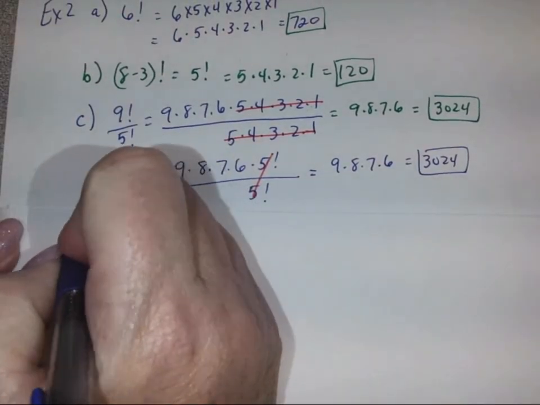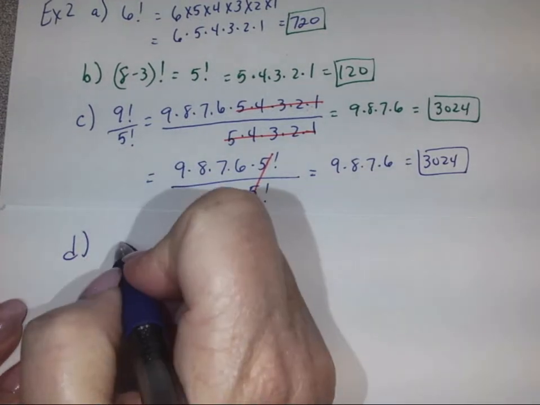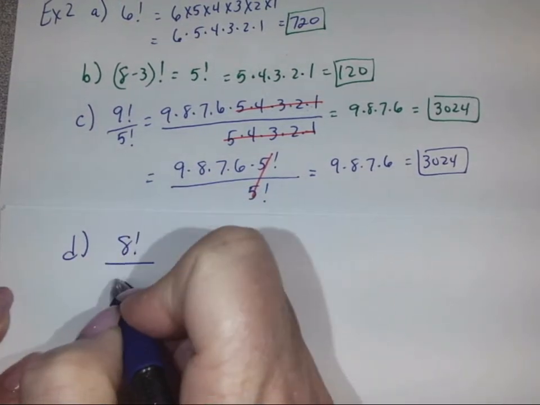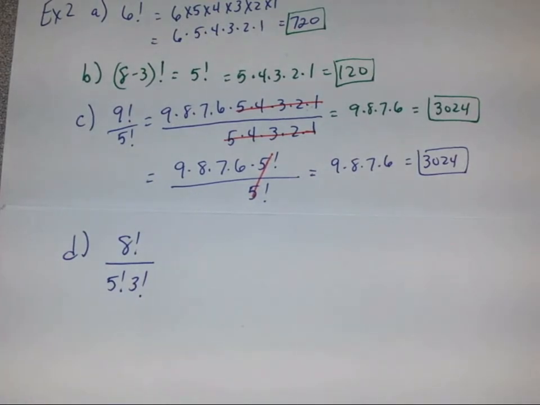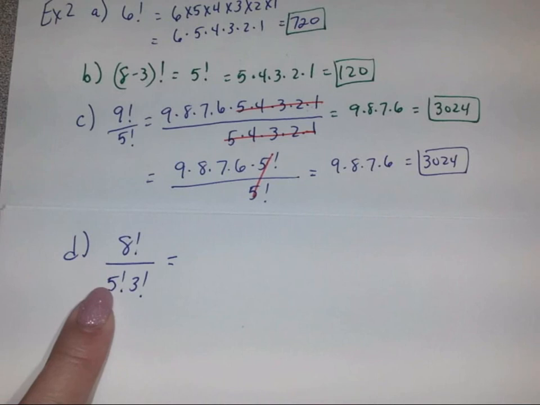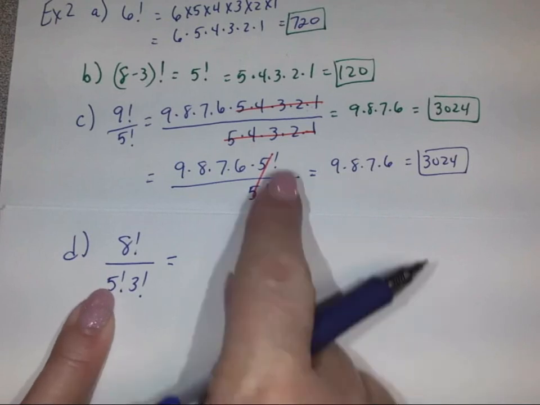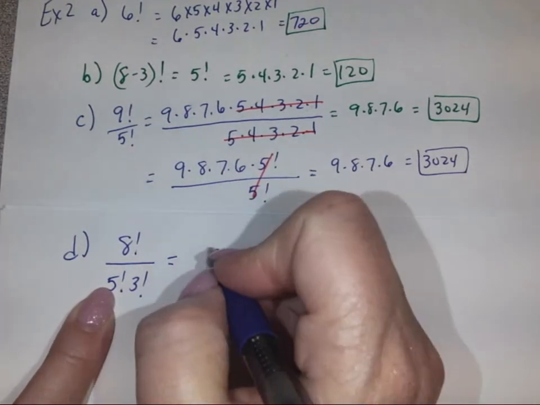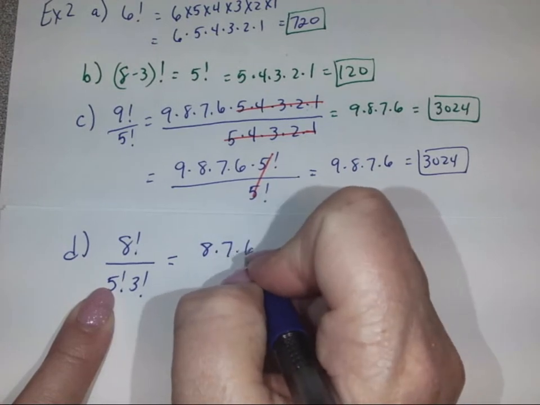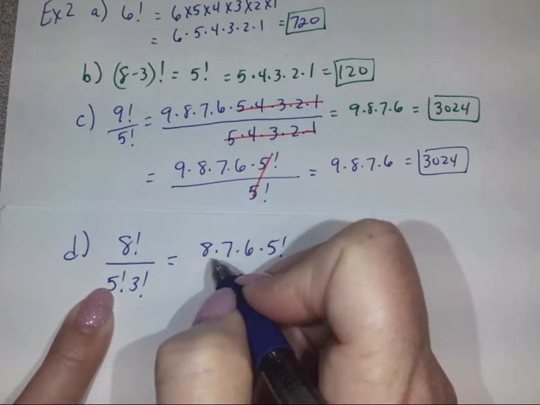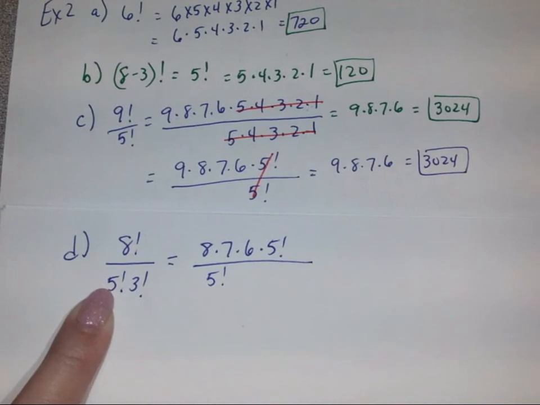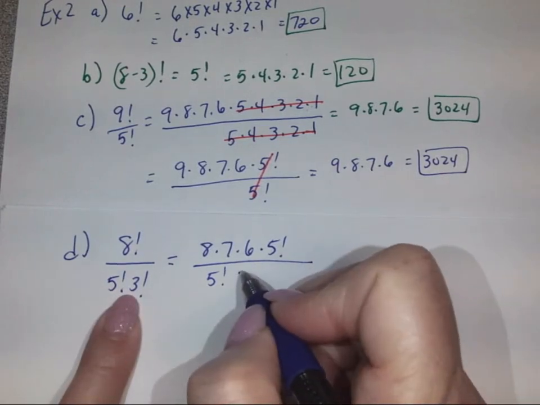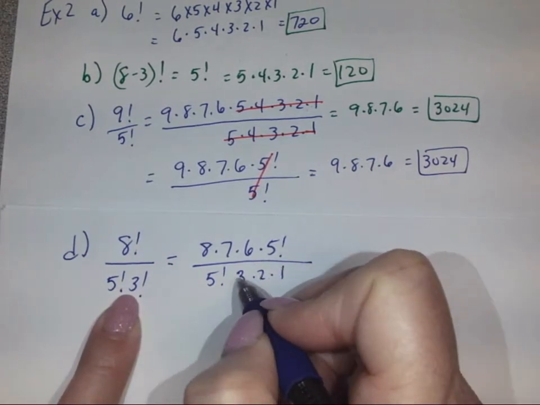So if we look at part D, we're looking at 8 factorial over 5 factorial times 3 factorial. On that top, we're going to stop at 5 factorial, just like we did with the 9. So we'll have 8 times 7 times 6 times 5 factorial divided by 5 factorial, because it's the bigger one, and then we have to do the 3 times 2 times 1.